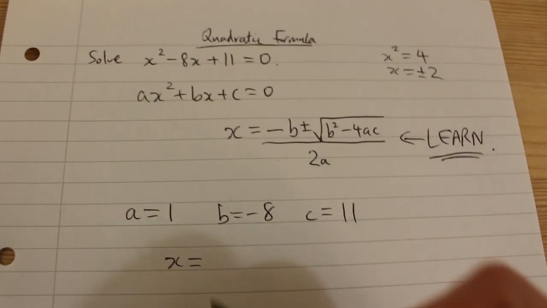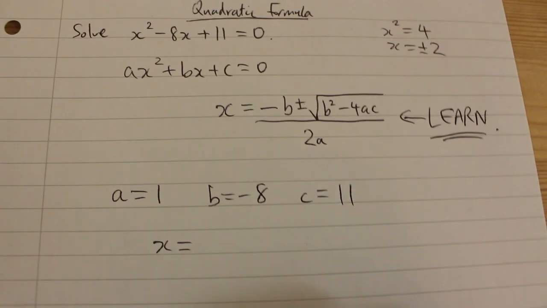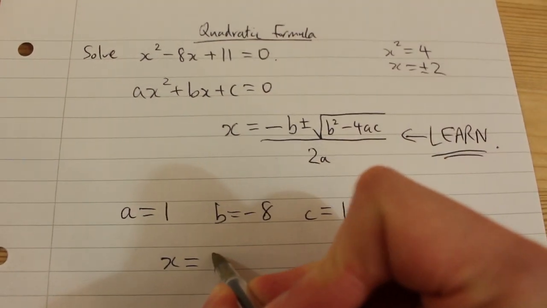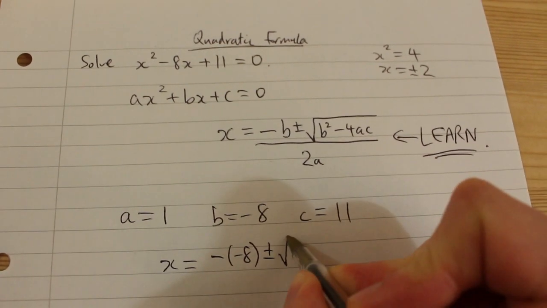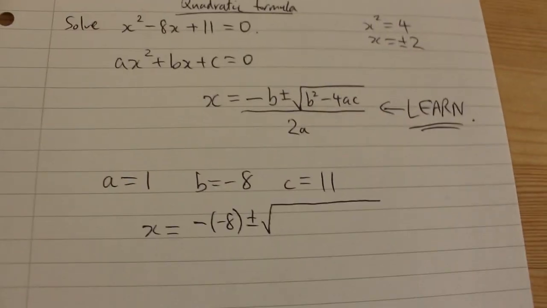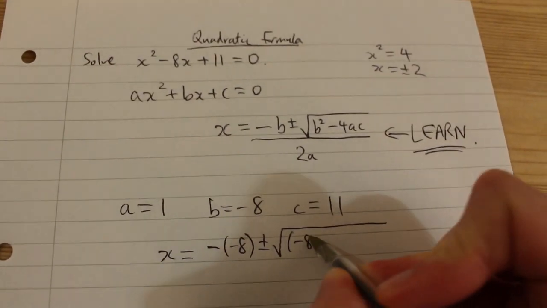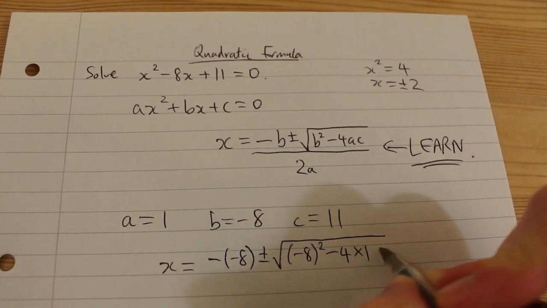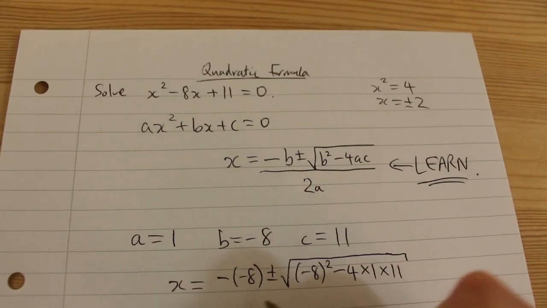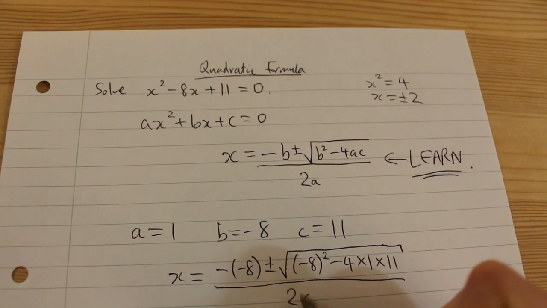So using this formula, we're going to have x is minus b, which is minus 8, plus or minus the square root of b squared, that's minus 8 all squared, minus 4 times 1 times 11, all over 2 times 1.